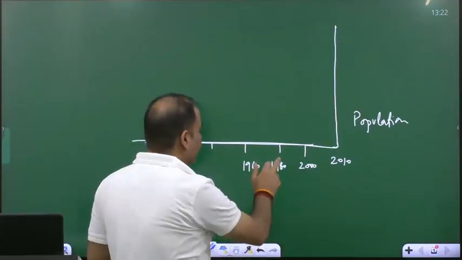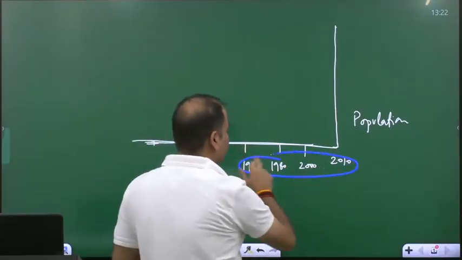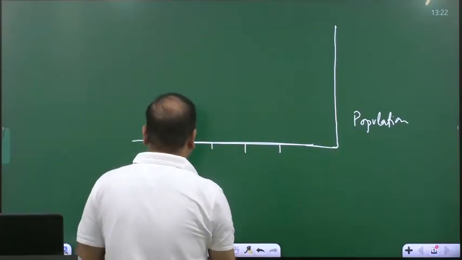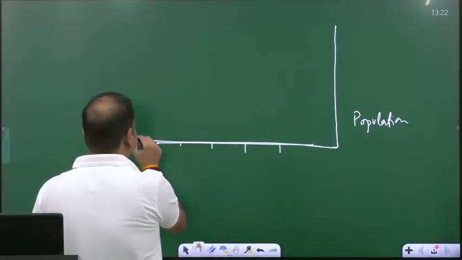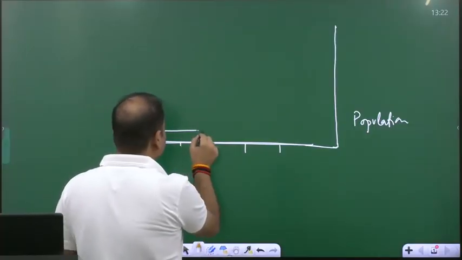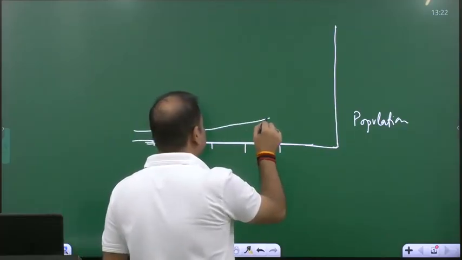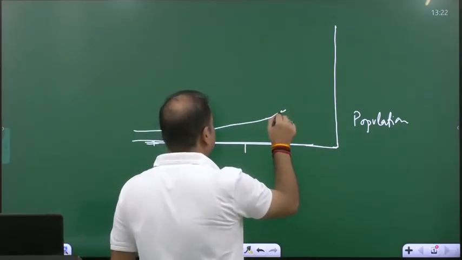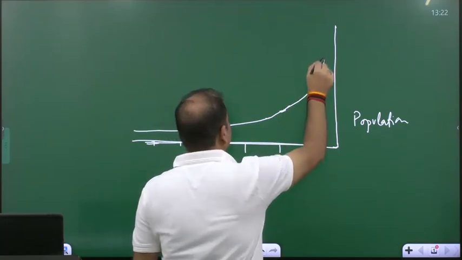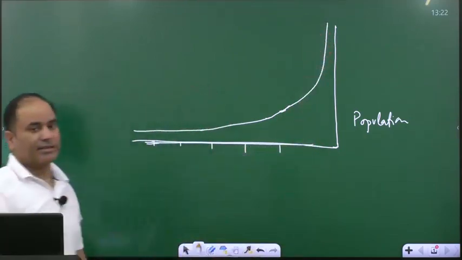But if you simply look at the pattern of population in general, initially our population was very slowly growing, then suddenly it started growing, and then suddenly it has like this.